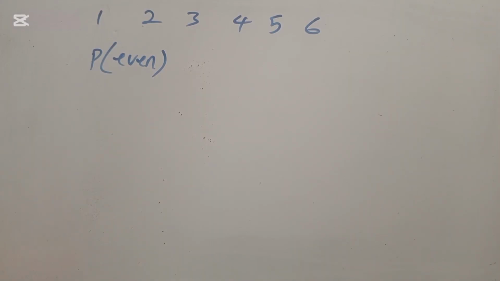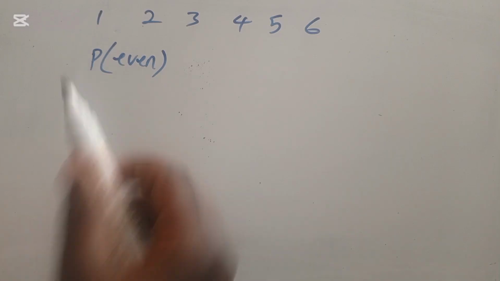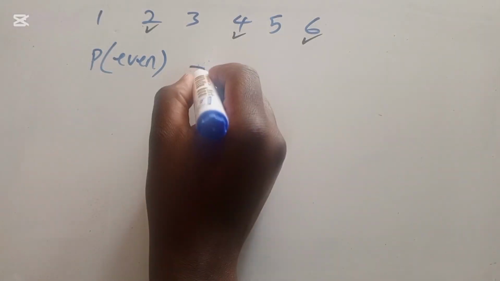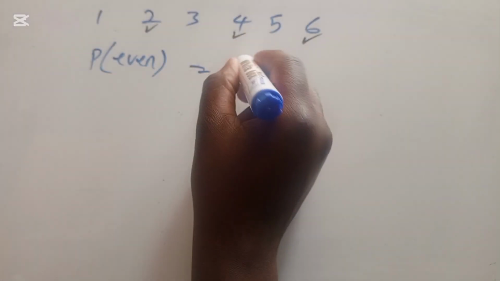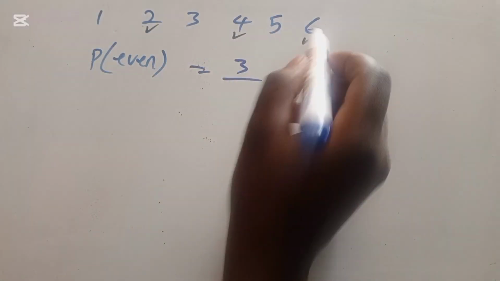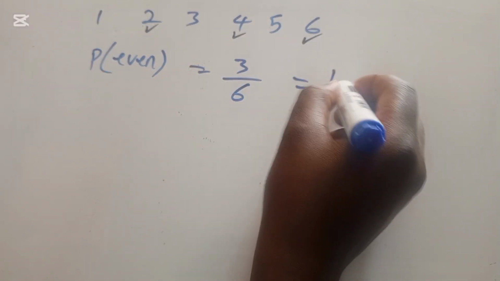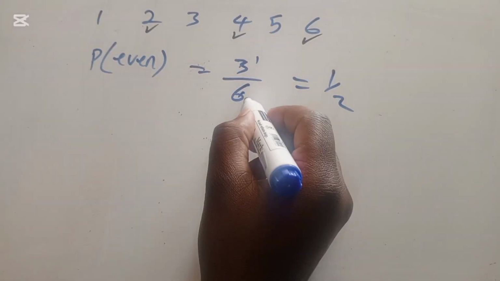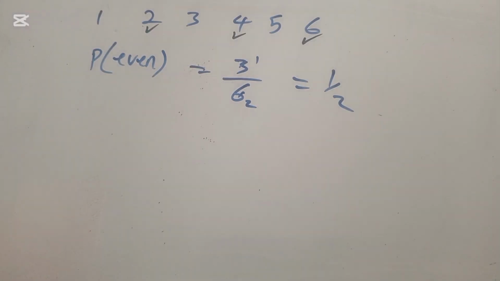So how many? You have 2, you have 4, and you have 6. So the probability that you are going to get an even is 3 over all of the numbers 1, 2, 3, 4, 5, 6, which is 6. Divided by 3, 1 by 3, 2. The answer is a half.